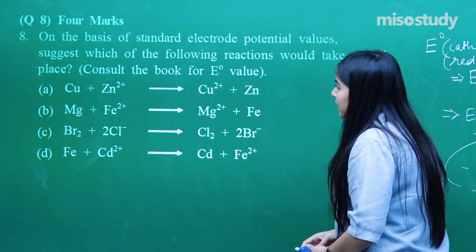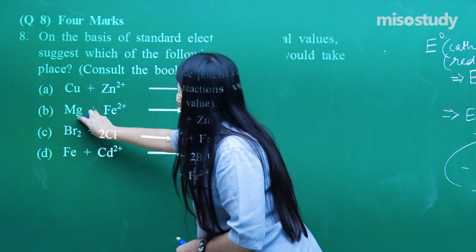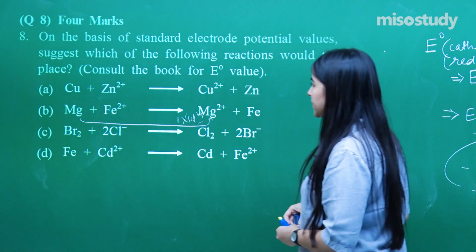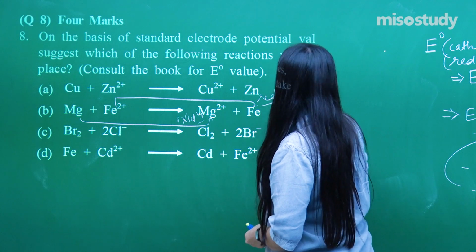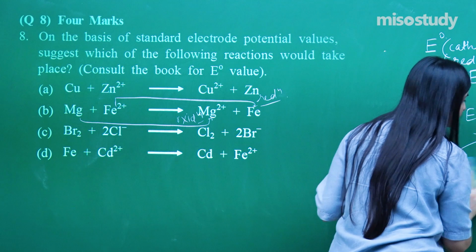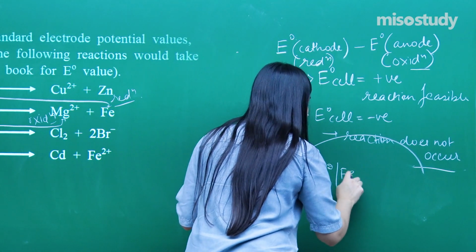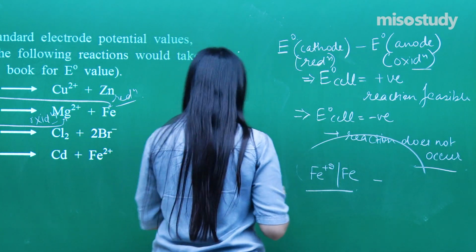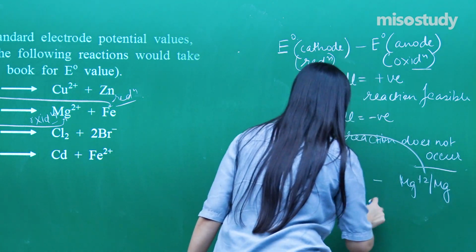Now the next one, I need to figure it out, Mg and Mg2 plus, right? So this is what? Oxidation process going on, right? And this reduction going on. So Fe2 plus to Fe, see here, Fe plus 2 to Fe value I need, which is the reduction process, that is the cathode, minus Mg plus 2 to Mg, right?